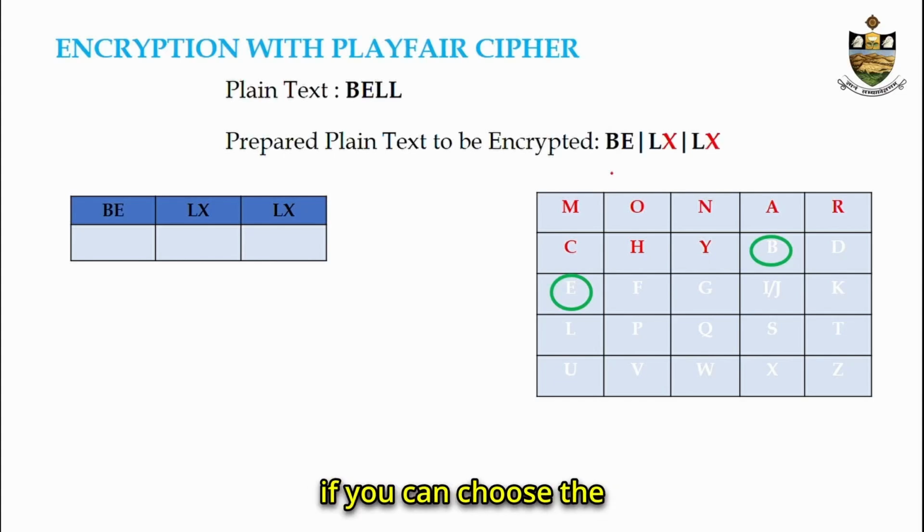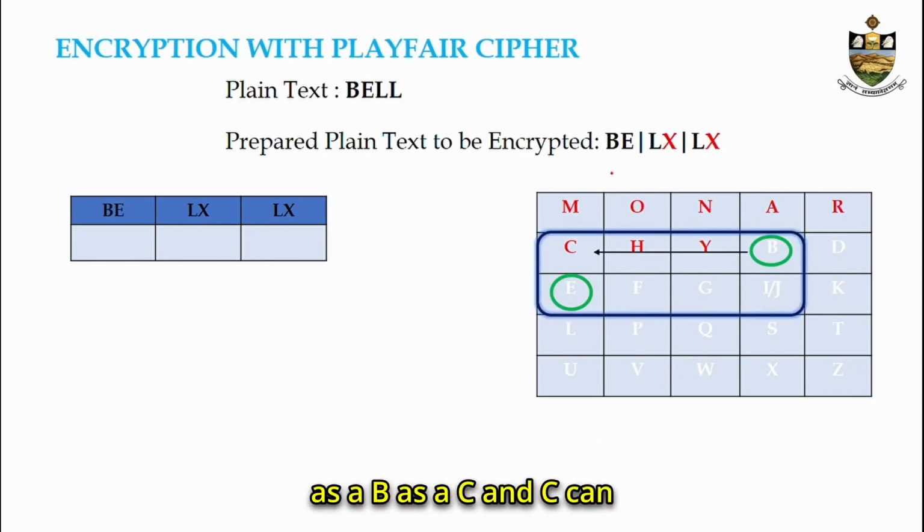So we choose a different row and different column, draw a rectangular box, and take the opposite corner characters. The opposite of B is C, so C replaces B. Now the opposite of E is I.